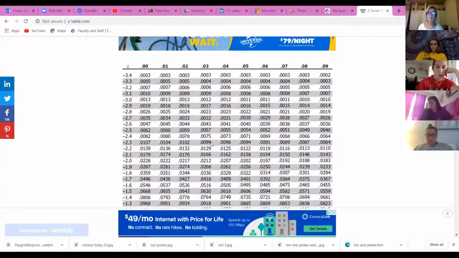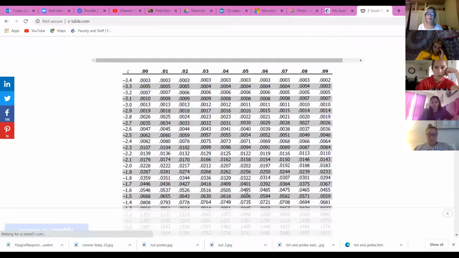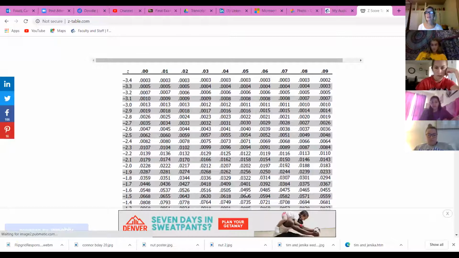All I did was Google negative z table, and it brought this up. So I'd go to negative 1.65. I'd go to the negative 1.6, and then I go over to the 0.5, and I would find out that that person's at just about the 5th percentile.